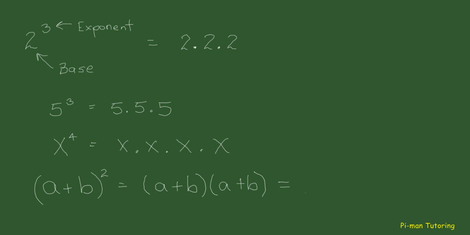And when we do this, we must multiply each term by the other terms in the other bracket. So a times a is a squared, a times b, another b times a, so plus 2ab plus b squared.